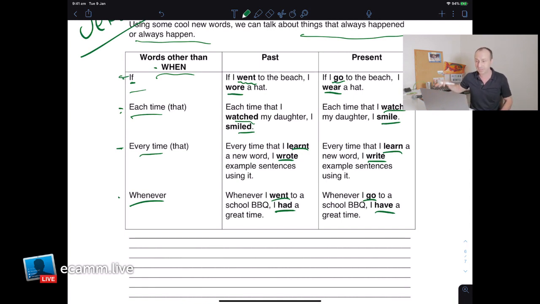This sort of thing that you're learning, if you have the ability to use when and if and each time and every time and whenever, well, that gives you a wider range of grammar and vocabulary, let's say.